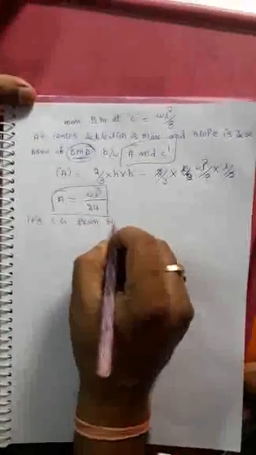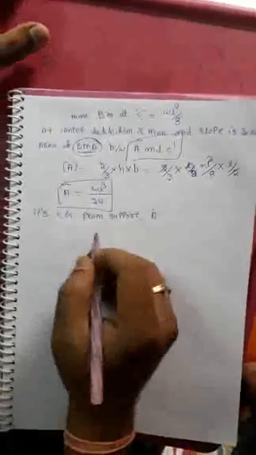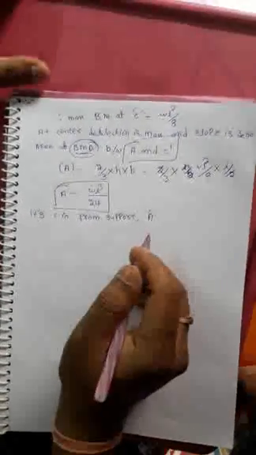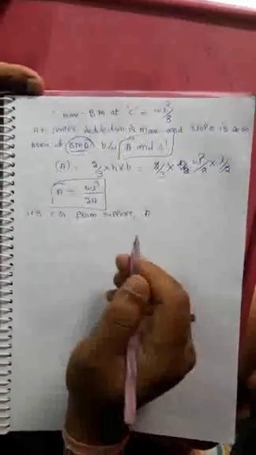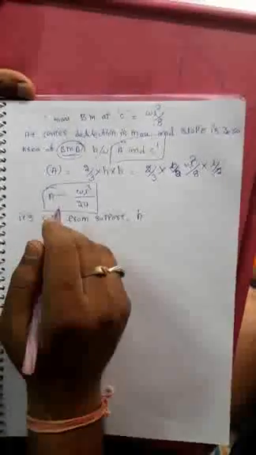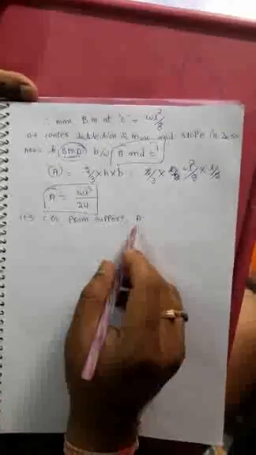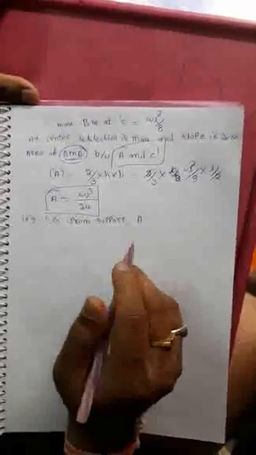Center of gravity from support A. If you choose from support B, first you get IB, and symmetrically you can write a negative sign with the IA formula also. But from support A, we can get IA first, the slope at A first, and symmetrically IB equal to the same formula with the opposite sign.